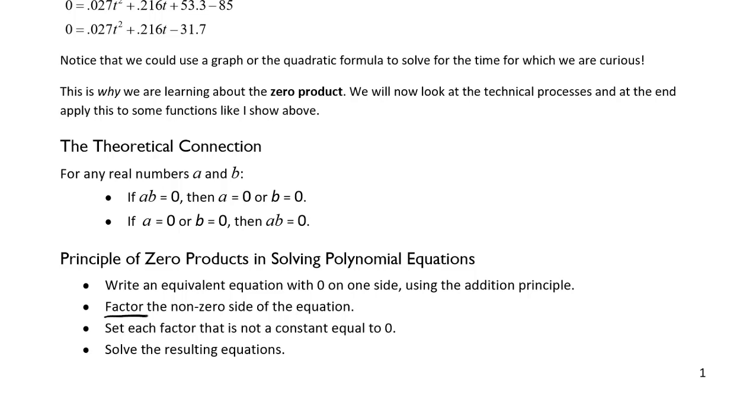This idea of factoring is what we're going to start really looking into over the next few days. And then we set each factor that is not a constant equal to 0 and solve for the resulting equations. This is how we find out what our one or two or many solutions are to a polynomial equal to 0.